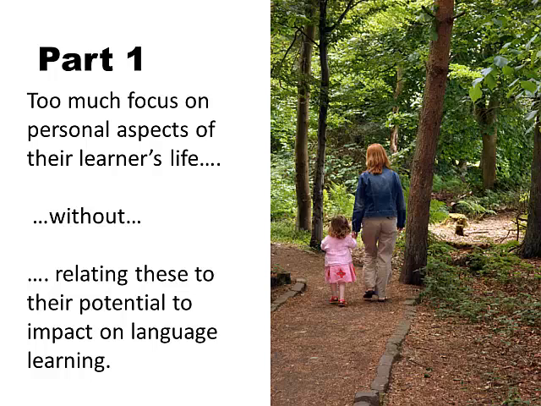So the fact that they have 3 children per se is not important, but it may impact on their language learning because it means they have no time to learn. So in that case it is important. So thinking about things that are important for their language learning.